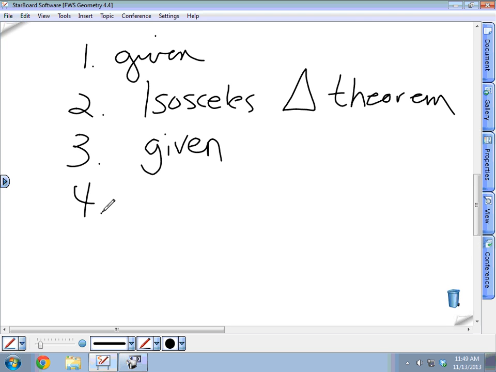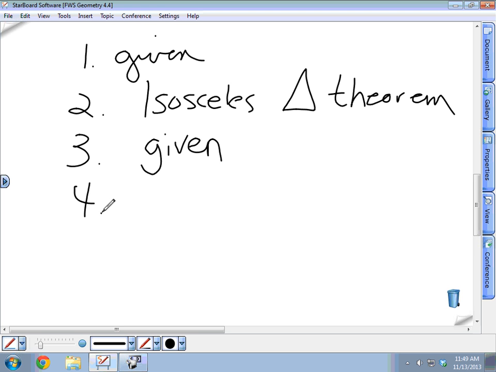Okay. Number 4, it says through substitution. So I'm going to substitute something. So angle B is congruent to angle 2. Wait, so if B equals C, then 2 must equal 1. From the previous statement, B is congruent to 2. And C is congruent to 1.